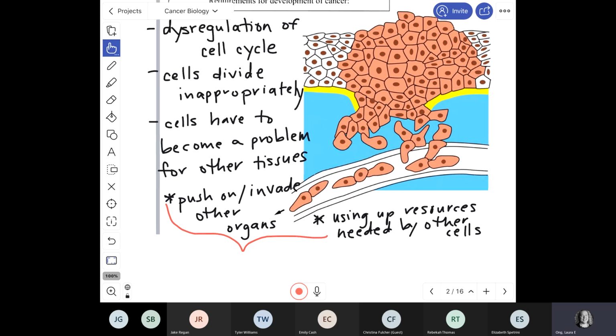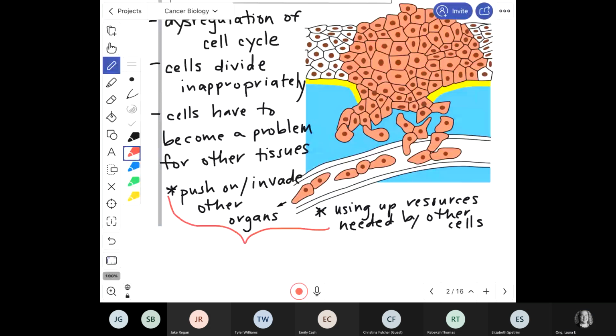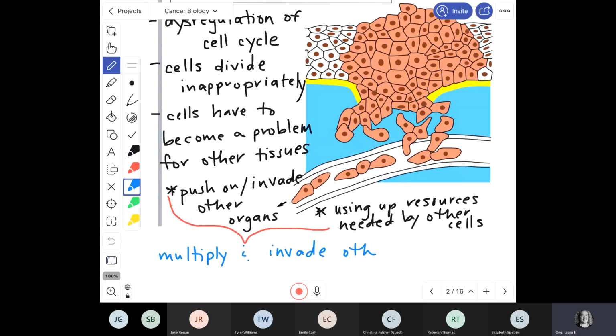A little bit more room here. Both of those are going to require that the cancerous cells both multiply and in some way invade others' space.